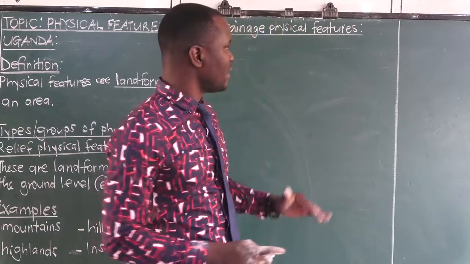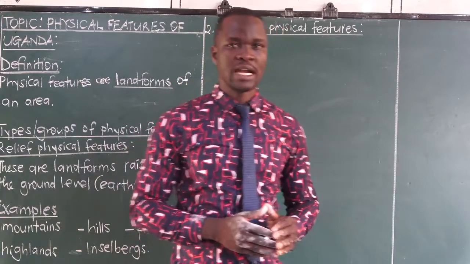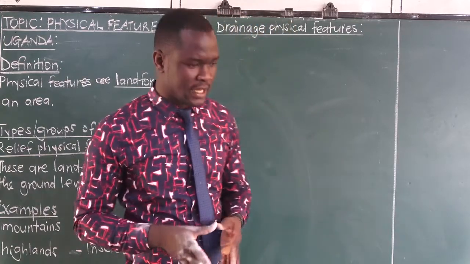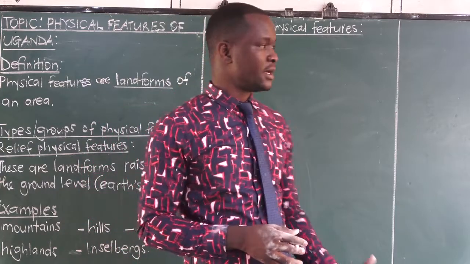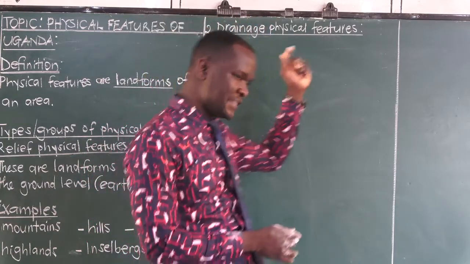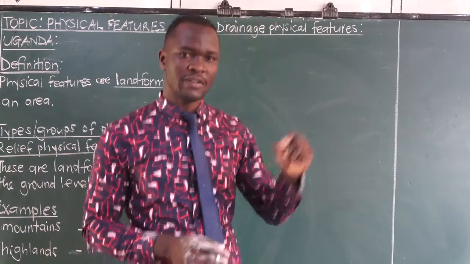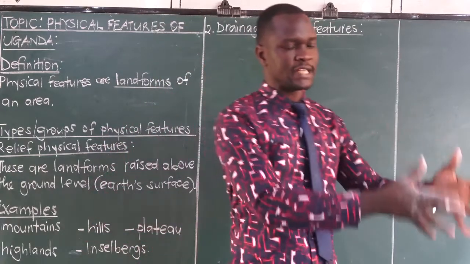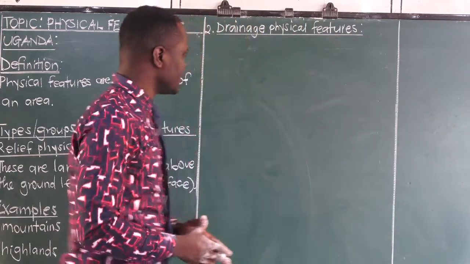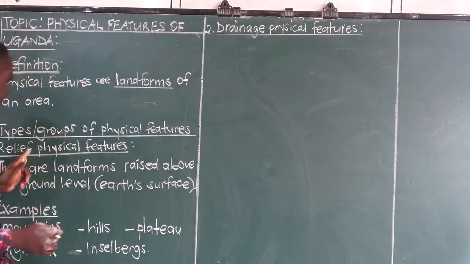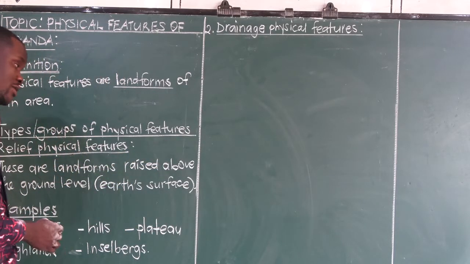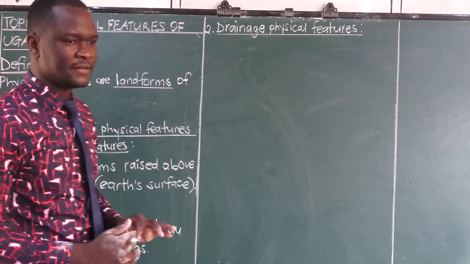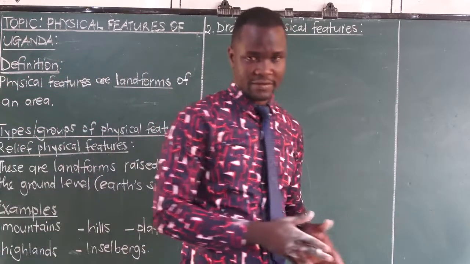Why? When we are looking at drainage, we are looking at the underground water system. That is how we define drainage, the underground water system. But when we are looking at drainage features or drainage physical features, we are meaning landforms that contain water in the simplest way. Just like when we were defining relief physical features, we said you cannot say only relief, because relief means something very different.